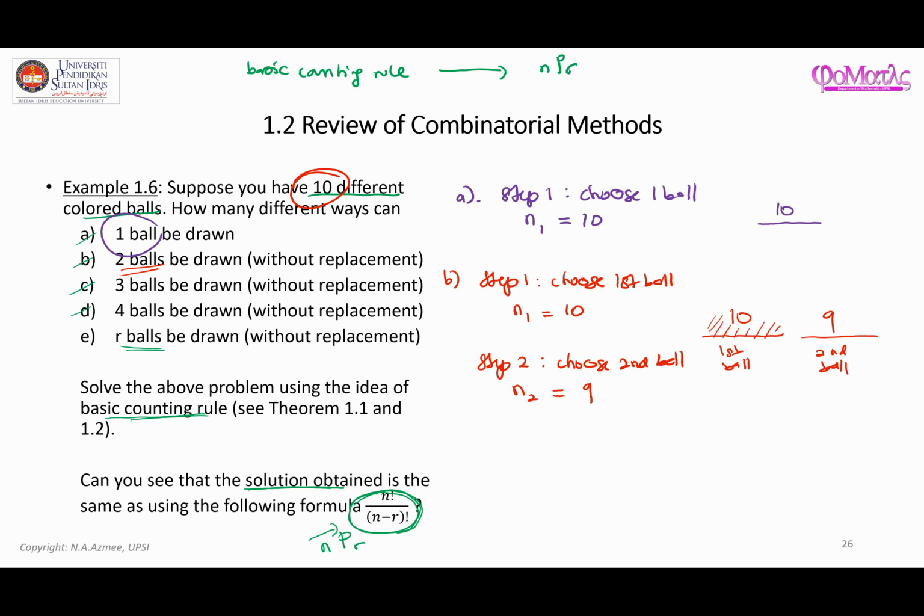So you're just going to multiply 10 with 9, and this is going to be 90 different ways of choosing two balls from 10 different colored balls. Yeah, and for this one you just have 10 ways of choosing one ball.